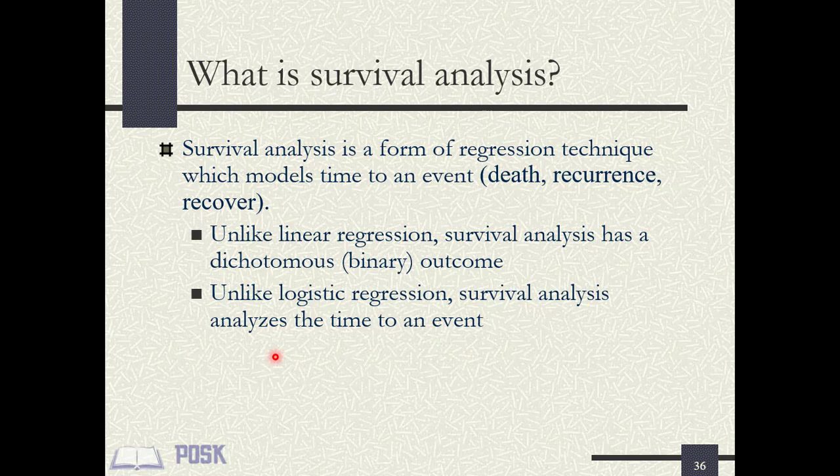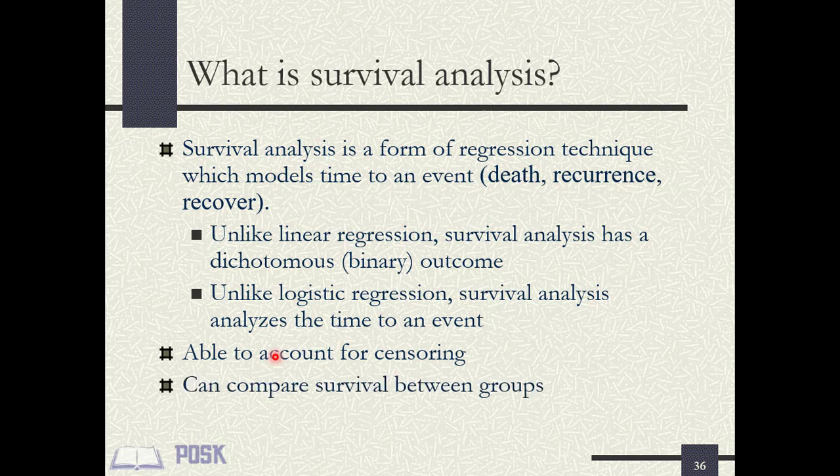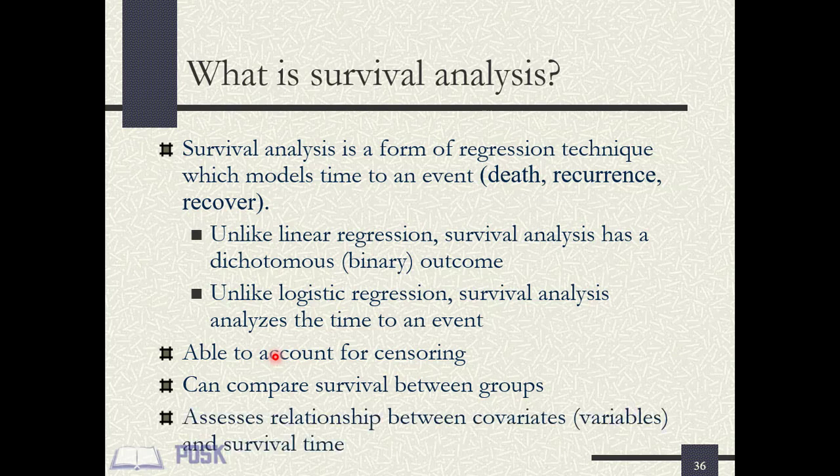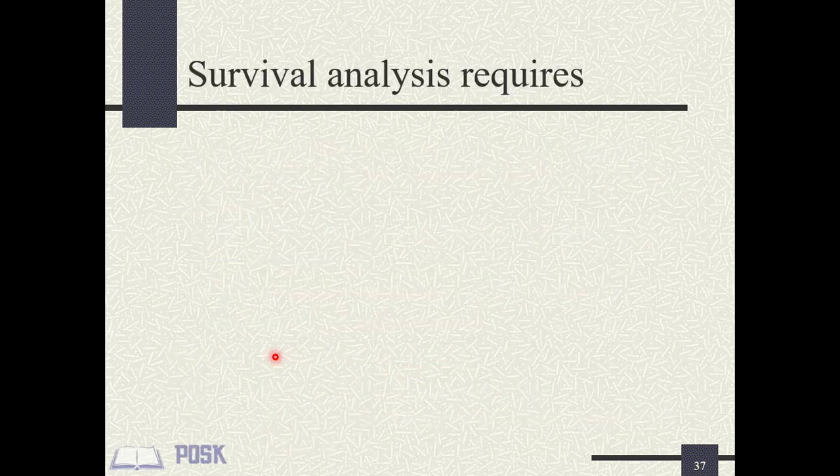The problem is that linear and logistic regressions are not able to account for censoring. We will be taking a closer look at censoring later in the lecture. Survivor analysis is also versatile as it can not only compare survivor between two groups, for example, between cases and controls, it can also assess how various factors called covariates can affect survivor time.